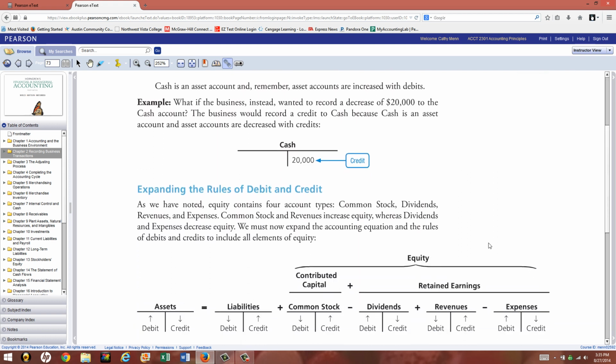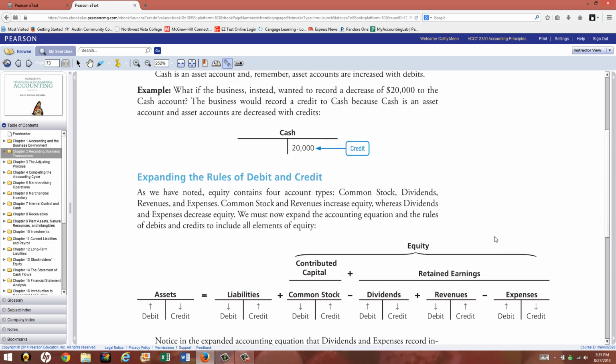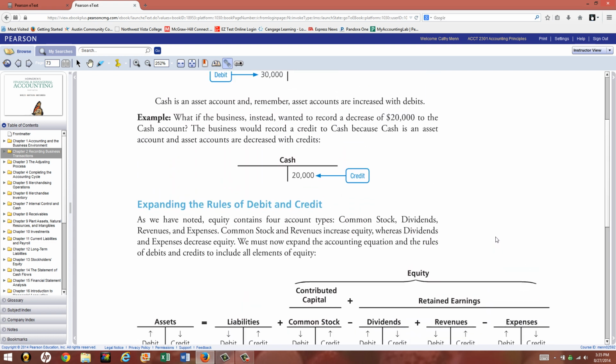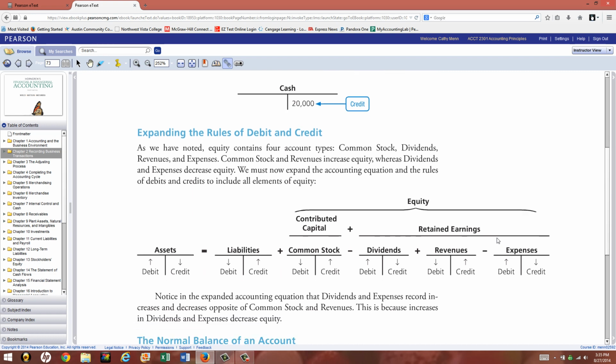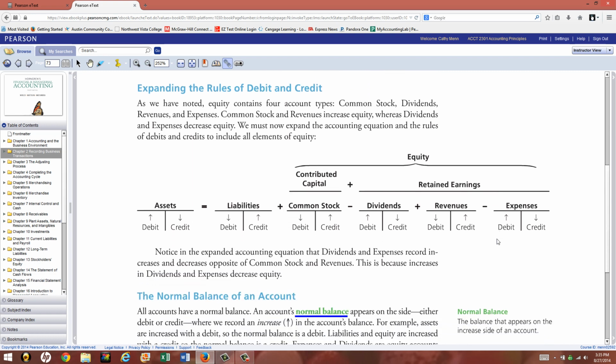Okay, on the next page, page 73, we have some rules that we need to know about. Here are our classifications: assets, liability, equity, revenue, and expenses. Notice that they've got debit for assets, with the arrow up. That means when an asset is increasing, you're going to debit it. Cash is an asset.